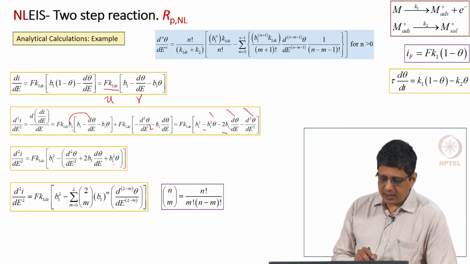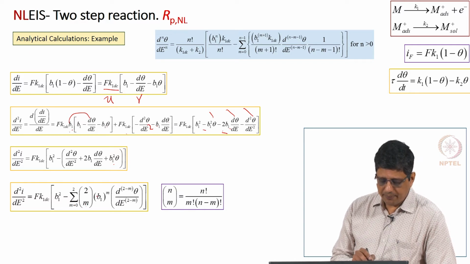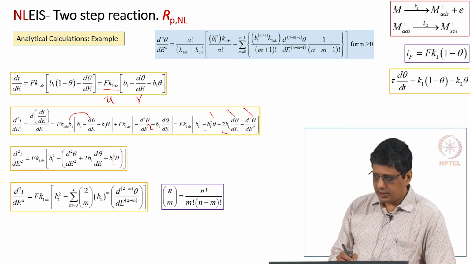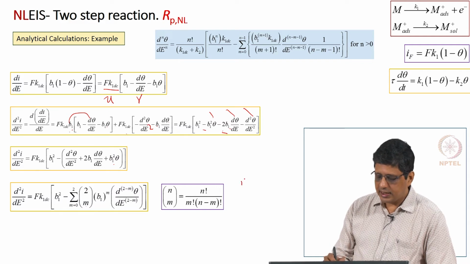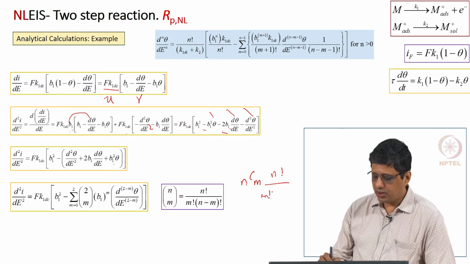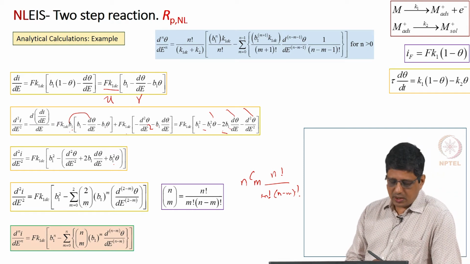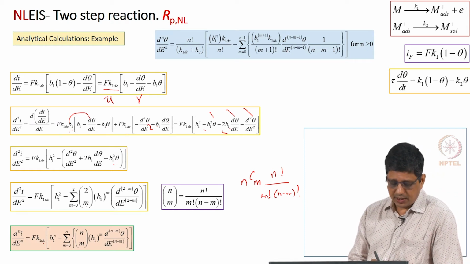and this can be written as a binomial series m equal to 0 to 2, 2 C m b1 power m and 2 minus mth derivative of theta. Of course, here n C m is n factorial by m factorial (n minus m) factorial, and I can write the nth derivative as F k1 dc b1 power n.